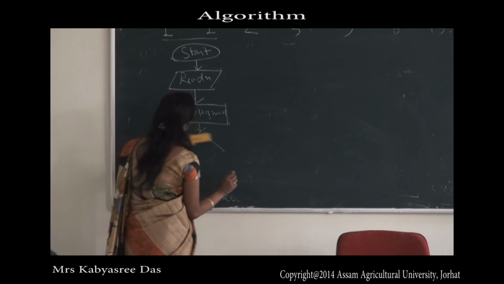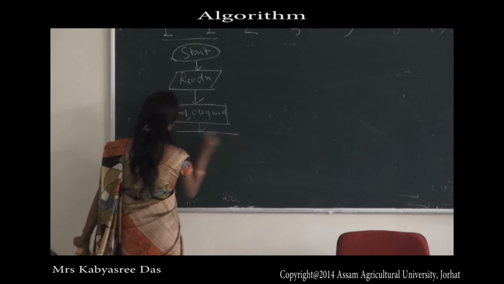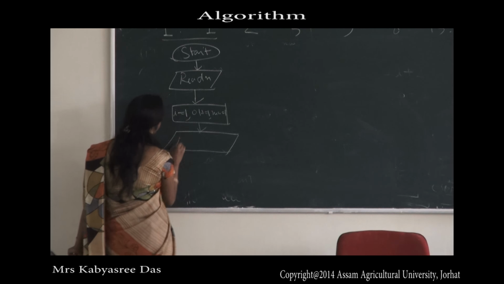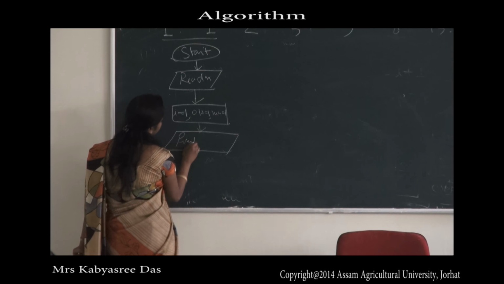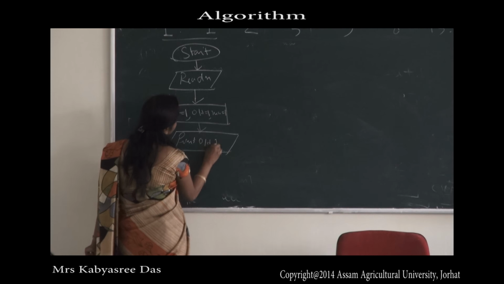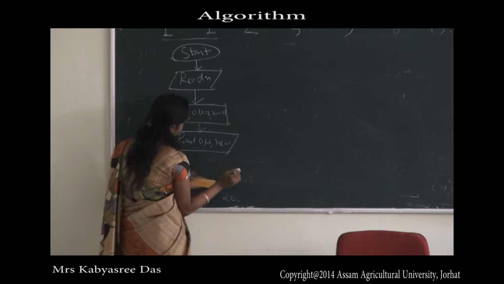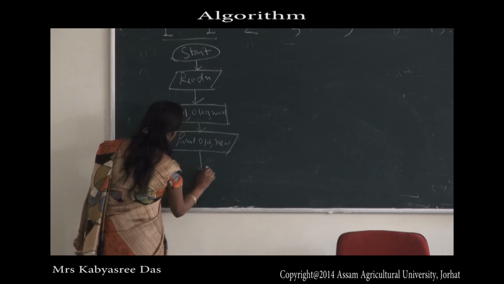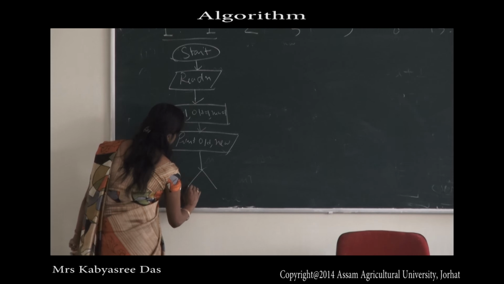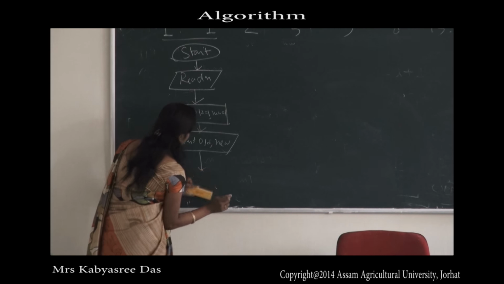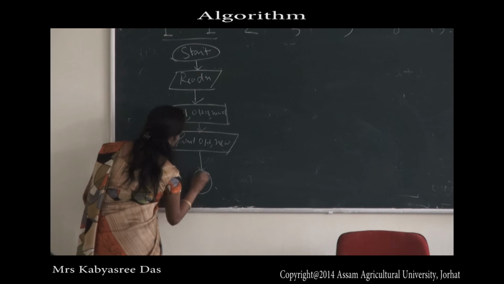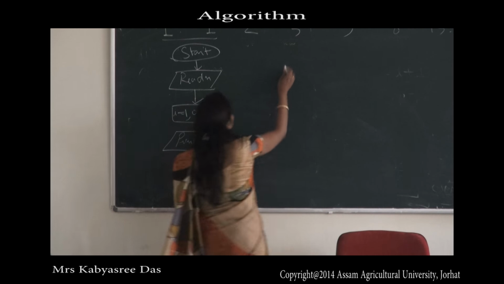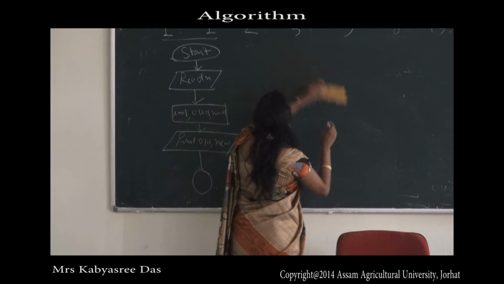Then print old comma new. Then you have to use the circle connector. You use the connector here.